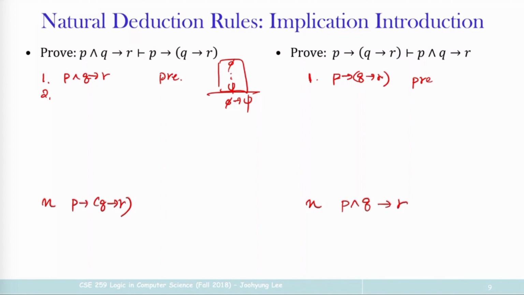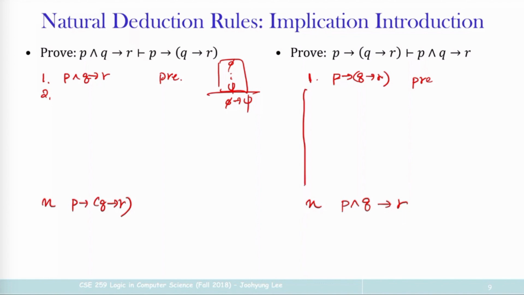Now do the pattern match. In order to derive line n on the right hand side, what rule should we use? Do the pattern. This is phi, this is psi. What do we need?